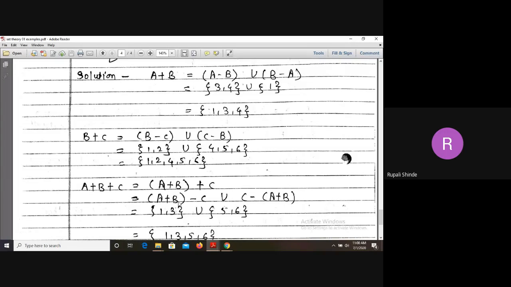So A plus B minus C union C minus A plus B. Here we have considered this bracket as set 1 and this one is the second set. Those sets are also considered here because we have already found out what is the value for A plus B.